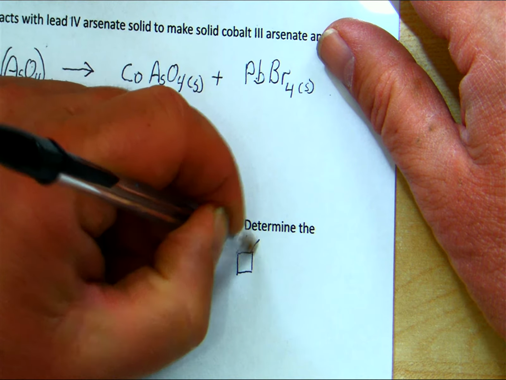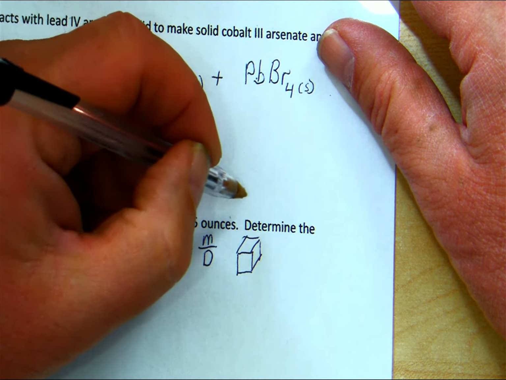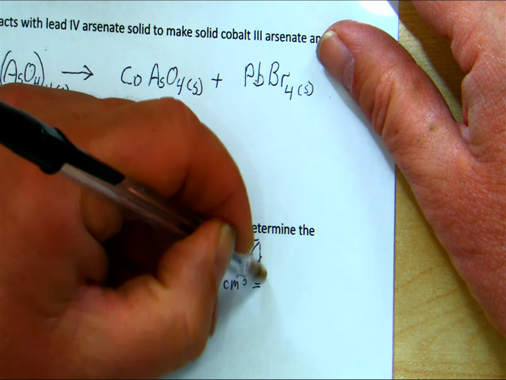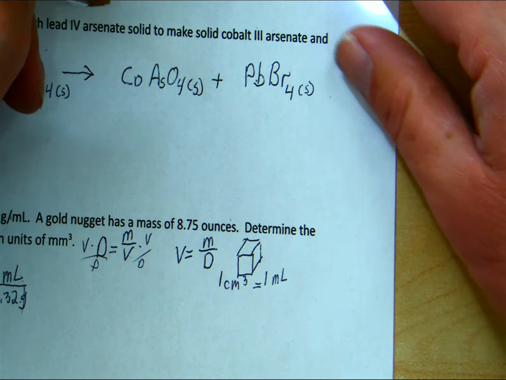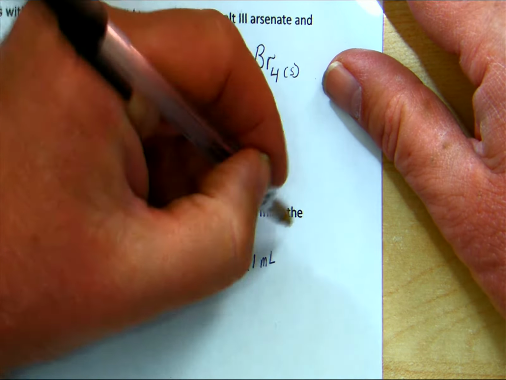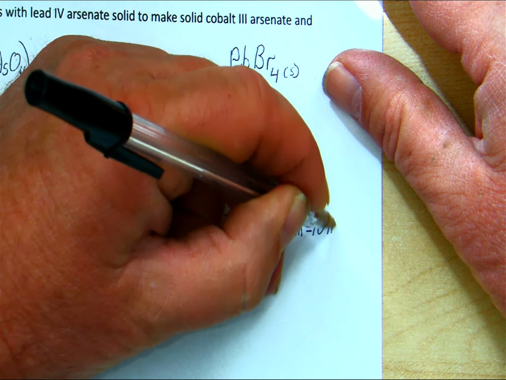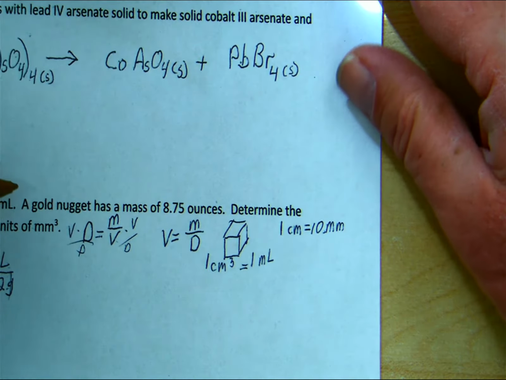Reminder that a cubic centimeter is a milliliter. And in a linear dimension, 1 centimeter is 10 millimeters.